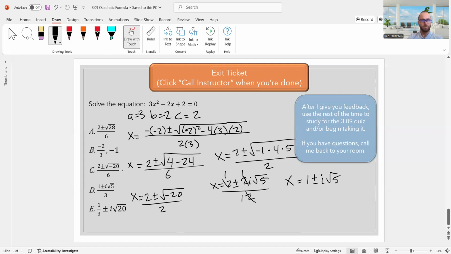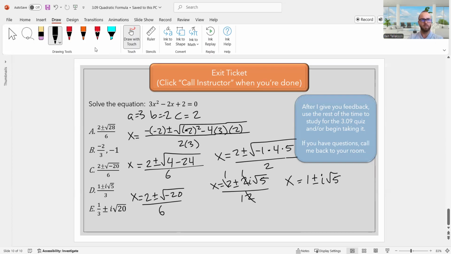And where is that answer choice? Did we make a mistake here somewhere? Oh, I did. I don't know why I just turned the denominator into a 2.